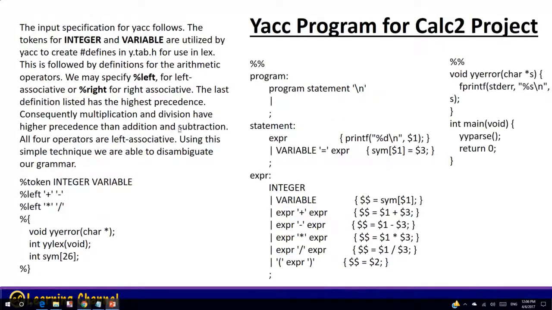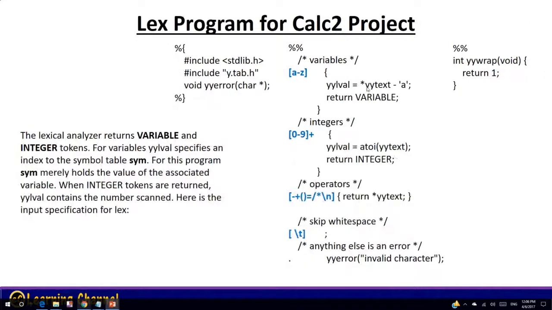For the yacc program, as you can see right here, a variable is a variable, and a statement is an expression, or an assignment that has a variable equals one expression. That variable is $1, which gets its value from the yytext string minus a, and yytext only allows a single lowercase letter.